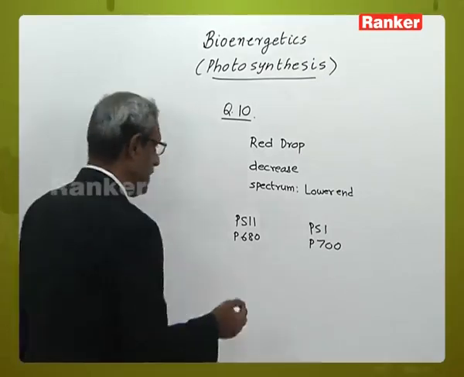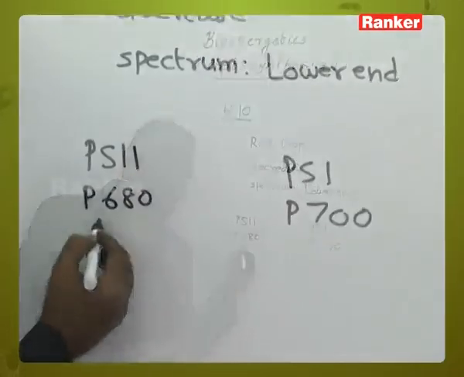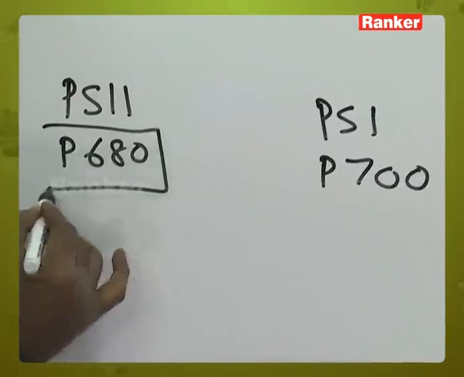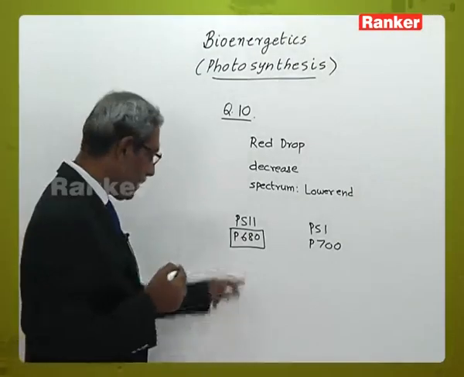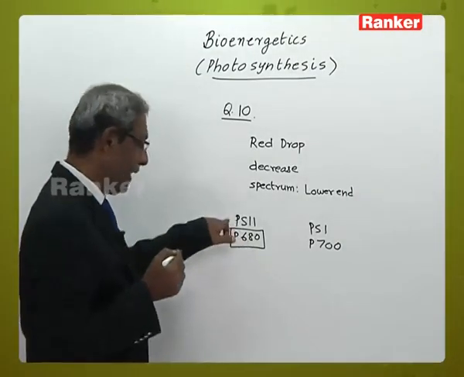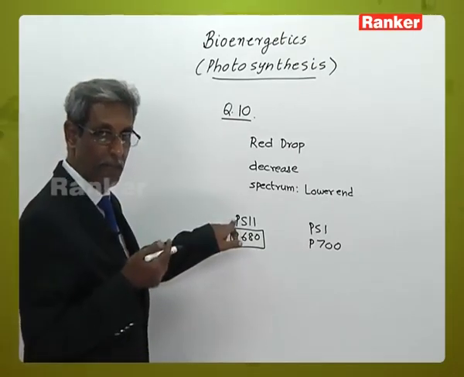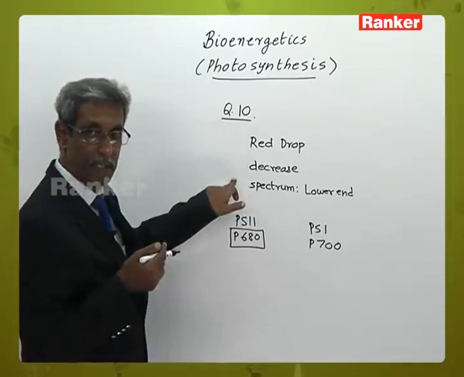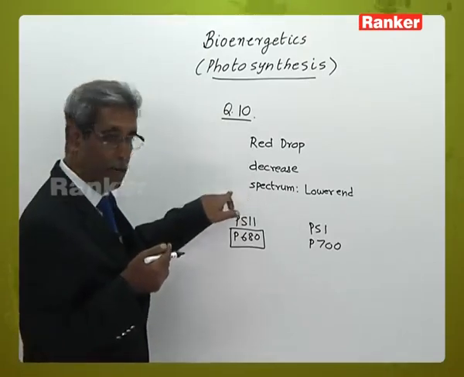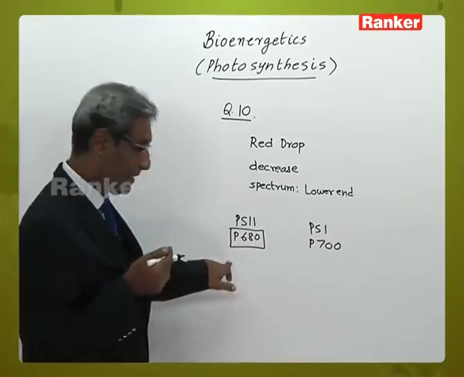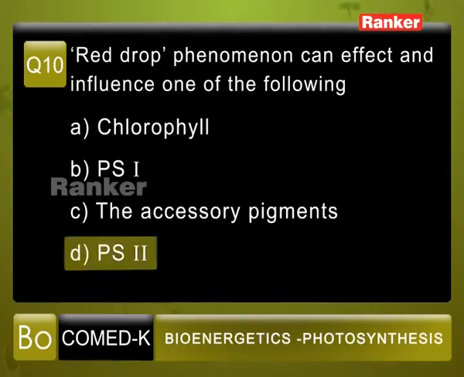So this primarily influences the lower end of the spectrum, that is P680. Because it influences P680, it primarily affects photosystem 2 or pigment system 2. Hence red drop can affect the photosystem 2 or the P680 system, and the answer is D.